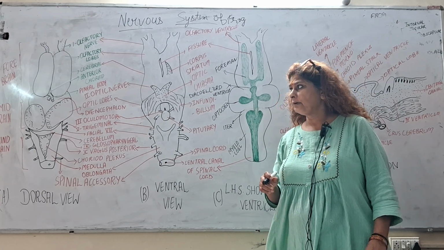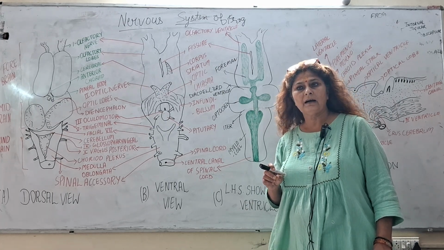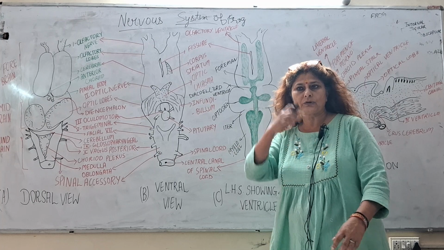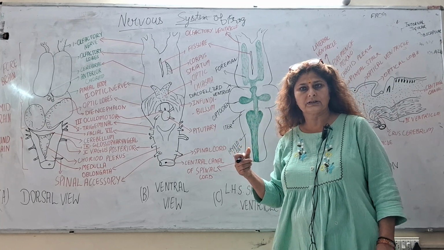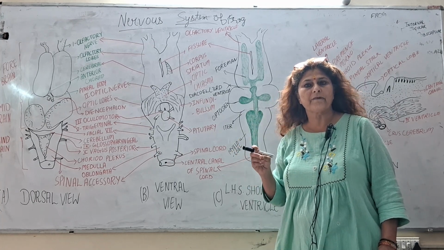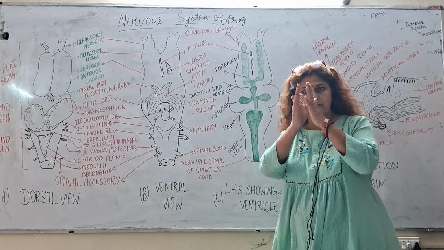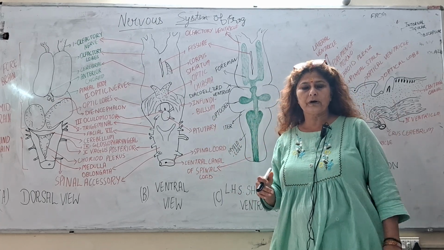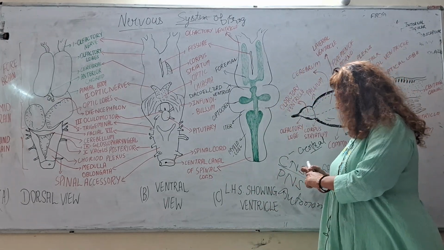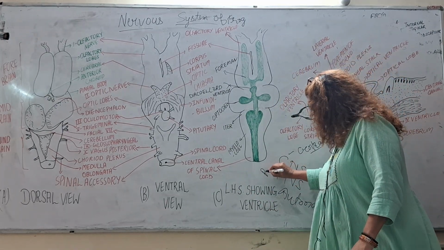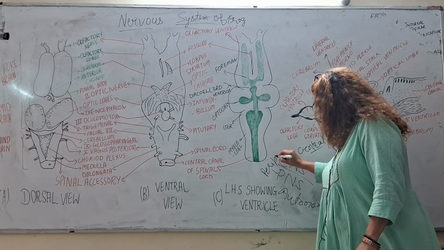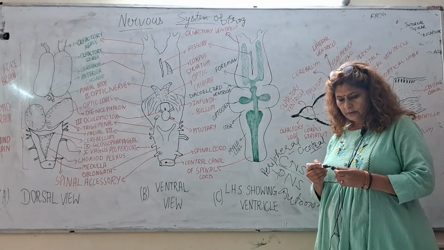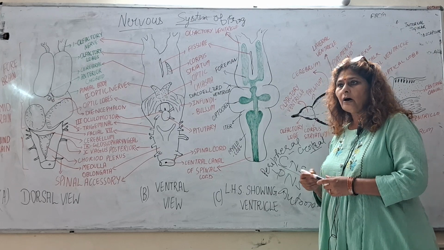Peripheral nervous system is the nerves which arise from the central nervous system and supply the different organs. That is called the peripheral nervous system, which goes toward the periphery, outside. Clear?